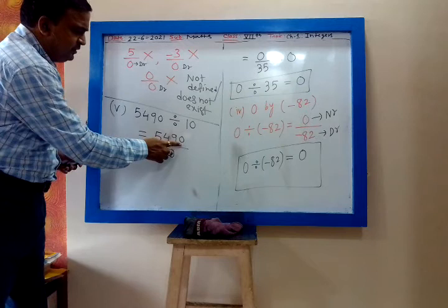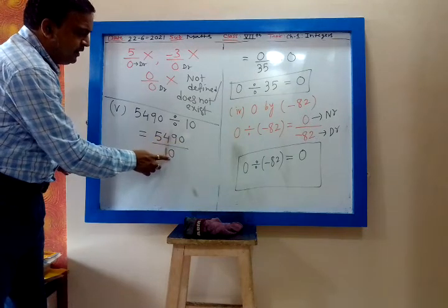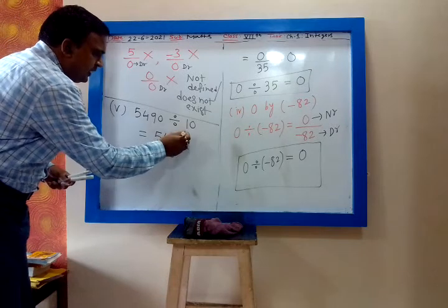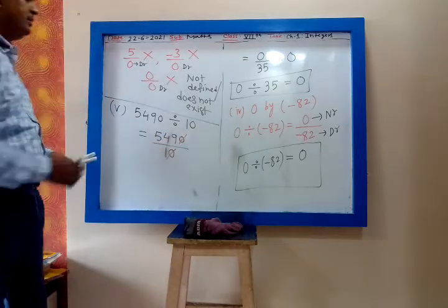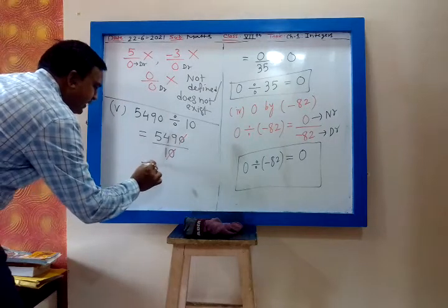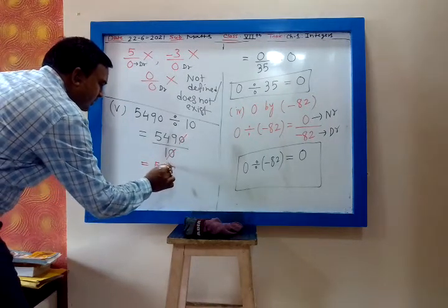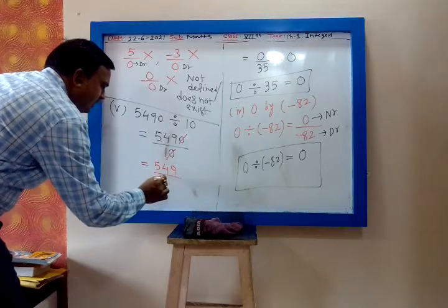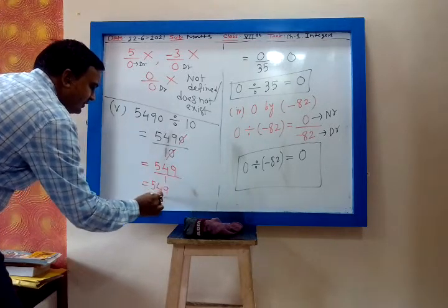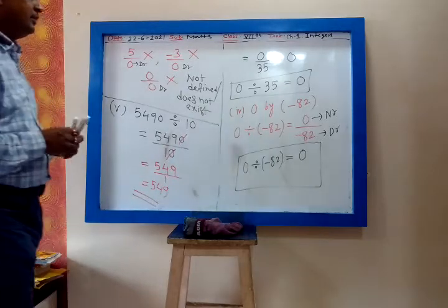In the denominator, 0 is the last digit. So the 0 of the numerator you can cancel with the 0 of the denominator. What is left? 549 upon 1, that is 549. Yes, so this is the answer, 549.